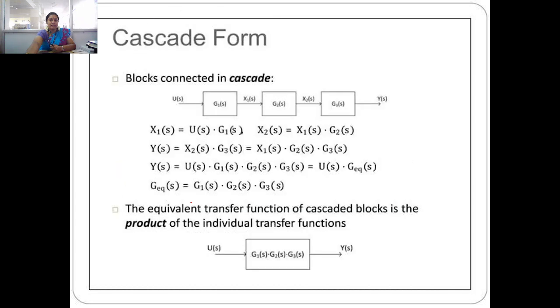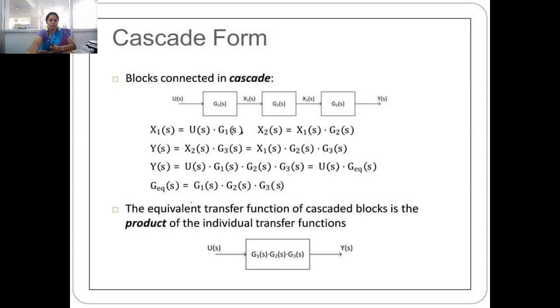And next, let us see about your cascade form. When blocks are connected in series, it is called a cascade connection. That is, all the gain blocks are simply connected together through one line. That is called a cascade form.